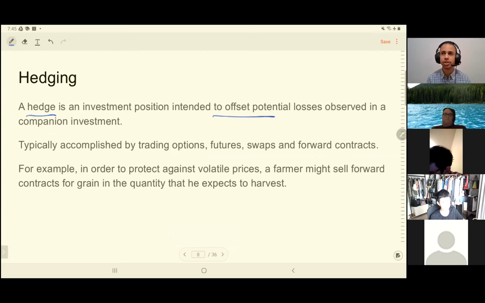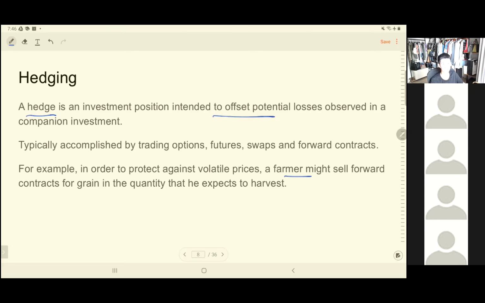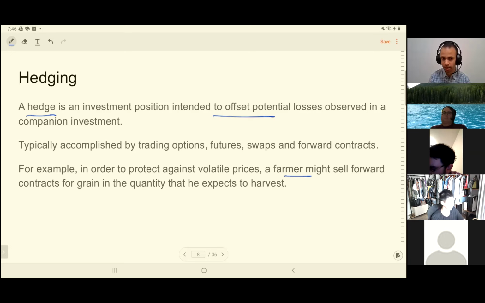These originated actually in agricultural futures, or rather, futures trading originated with agricultural commodities. So you might be some wheat farmer who's exposed to volatile changes in the price of wheat at the time of harvest, but of course, it's a perishable good, and so it needs to be sold at some specific time.